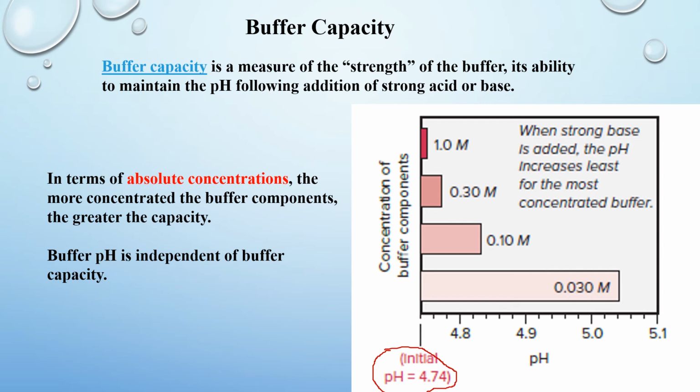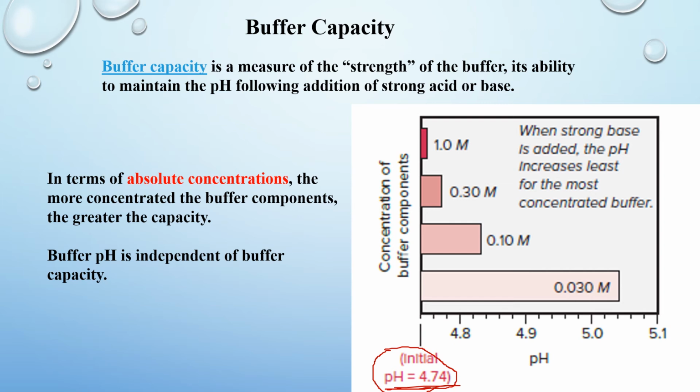But if you mix them with 0.3 molar of acetic acid and 0.3 molar of acetate salt, the initial pH is still 4.74. So the initial pH is independent of the capacity, meaning that as long as you have the same ratio, the pH is going to be the same. So it doesn't matter the absolute concentration of the components of the buffer.